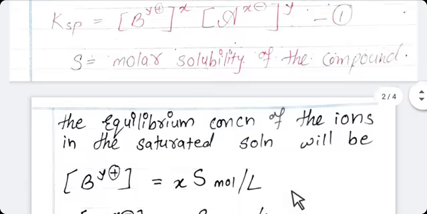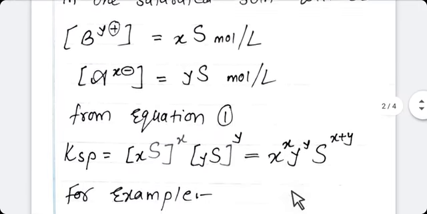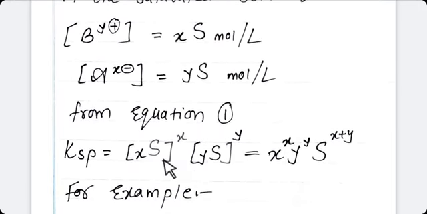So in place of concentration of By+ we put (xS) raised to x, and in place of concentration of Ax- we put (yS) raised to y.